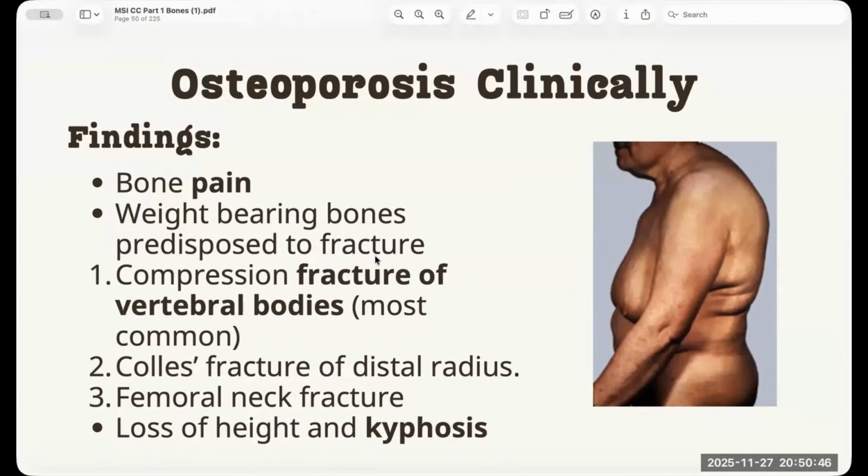And it will also clinically show up as loss of height because of the compression of those vertebral bodies, and kyphosis. Kyphosis is shown here, which is just this hump of the upper back and neck and the bending of it. All right.